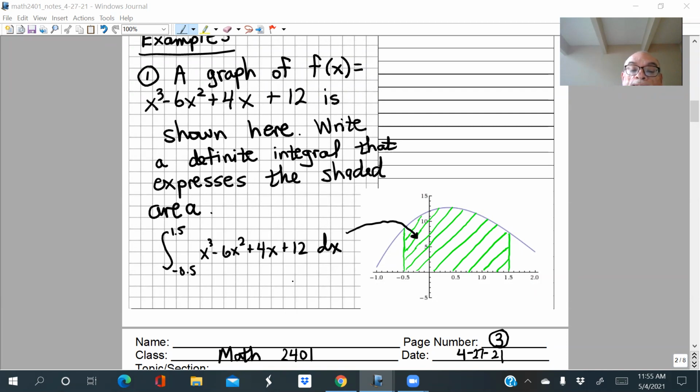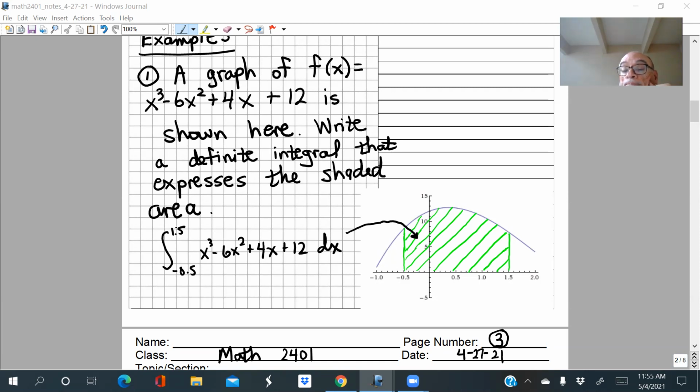So what would that notation mean? Well, that would mean the area beneath this curve, which happens to be this blue curve in this picture, down to the x-axis. You're always finding the area between the curve and the x-axis, starting at minus 0.5 and going on the x-axis up to 1.5.